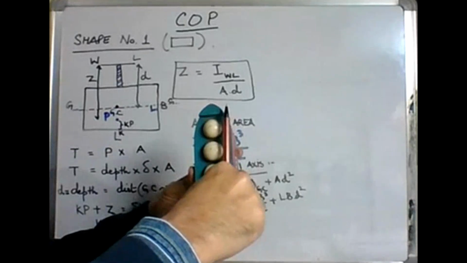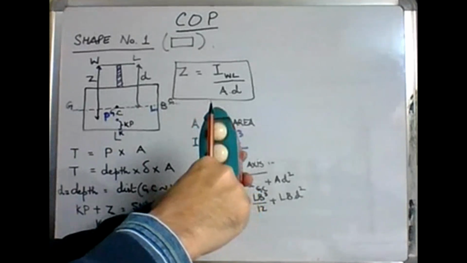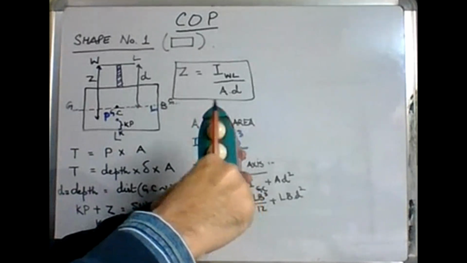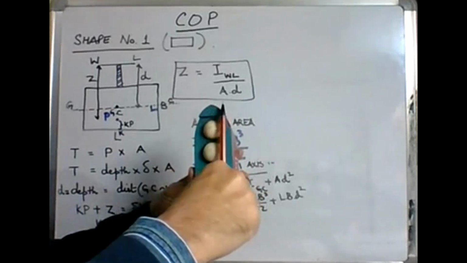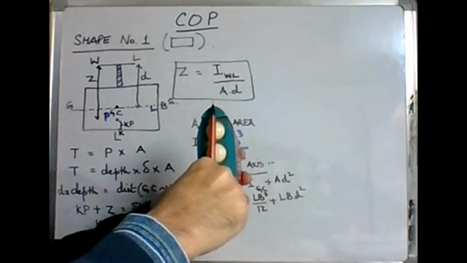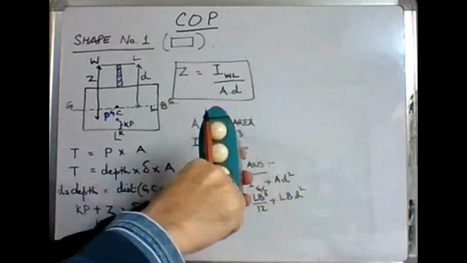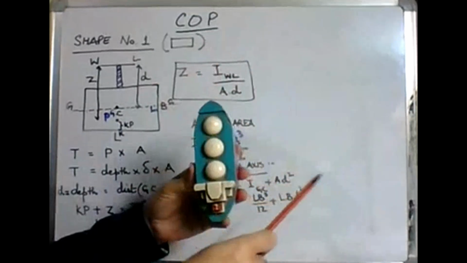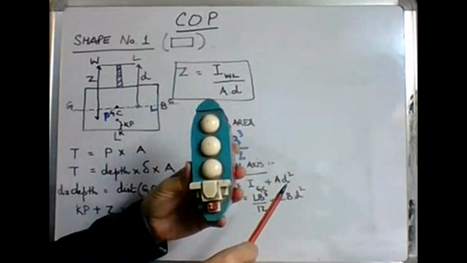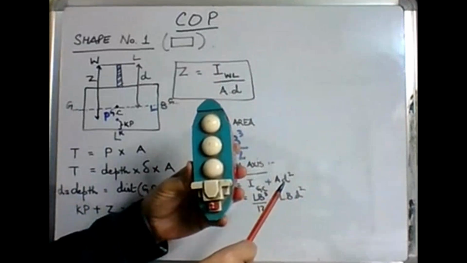So I will need to shift it from this GC to the center line of the ship through a distance D athwartship. So what will be the moment of inertia of that tank about the center line of the ship? Plus AD square. Got it?